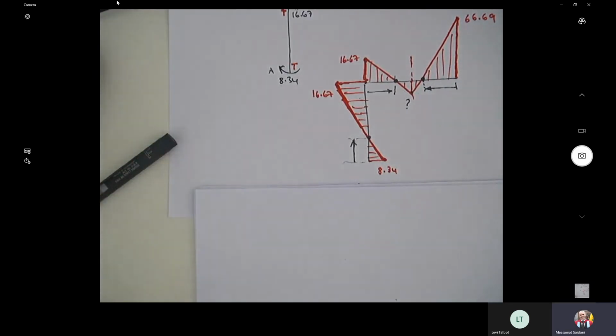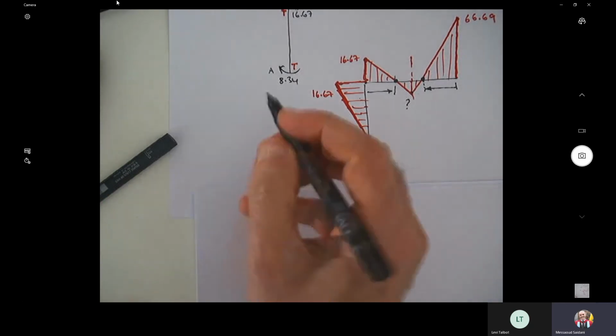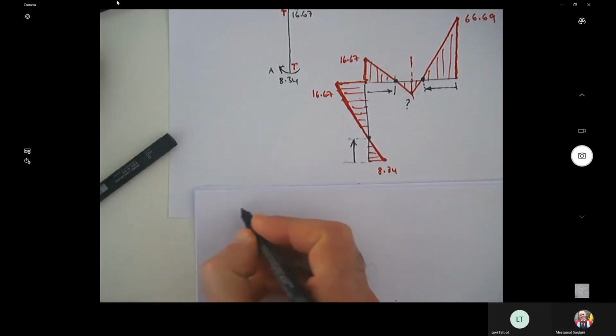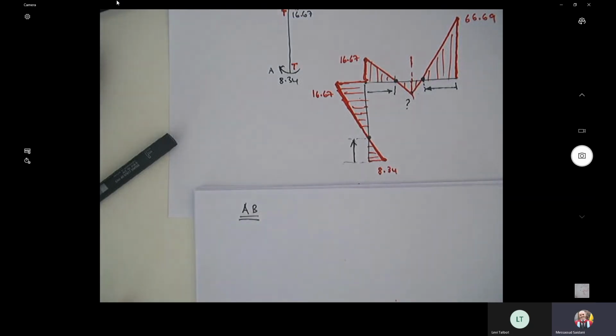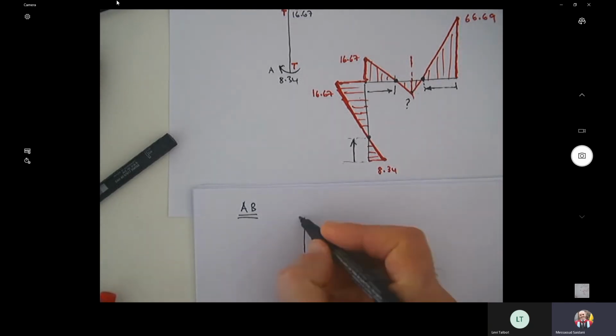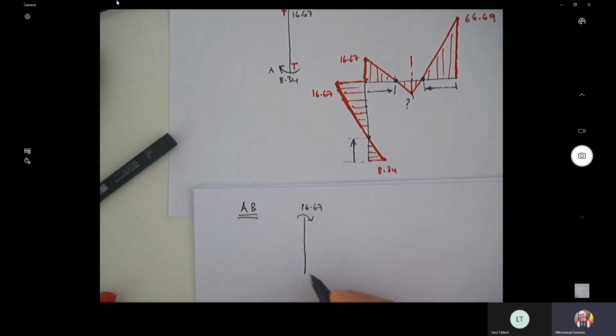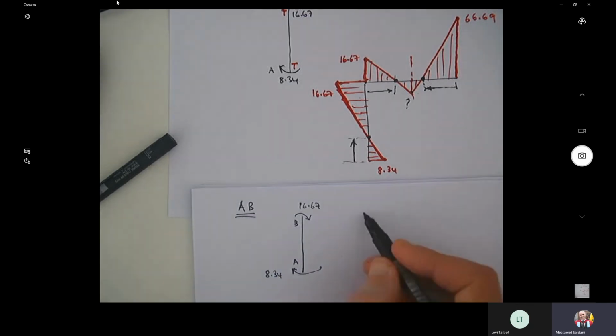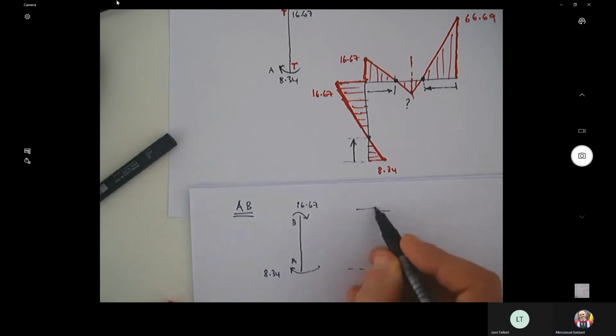So let's start with AB, okay? So we're looking at AB. And this is what we have for AB. And this is the bending moment for AB, okay?